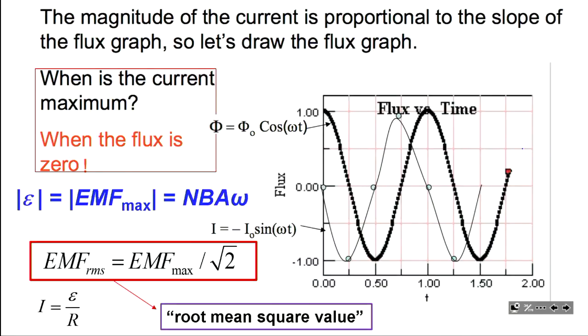So if we want to use, for example, Ohm's law, which relates EMF, current, and resistance, on one hand, we could use it for any instant, but on the other hand, we can use root mean square values for each. That's just easier.